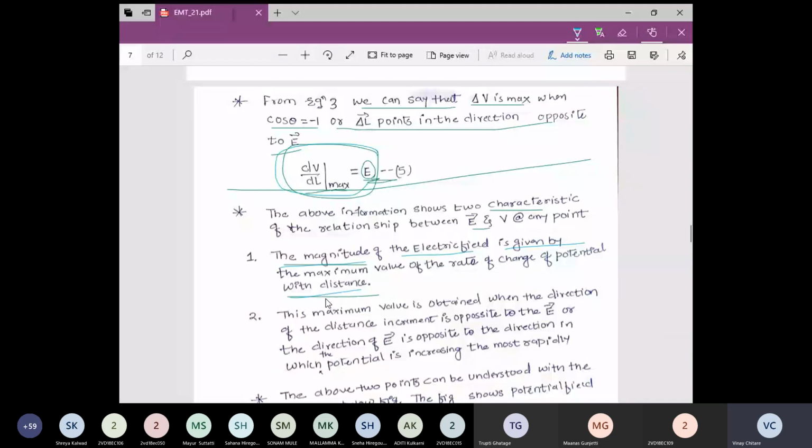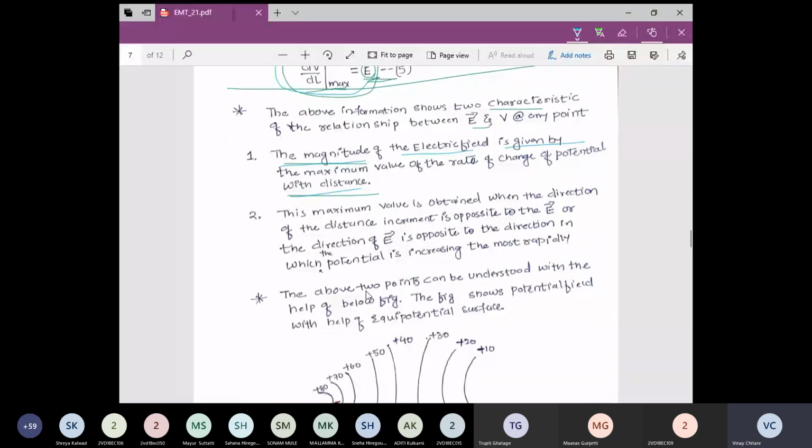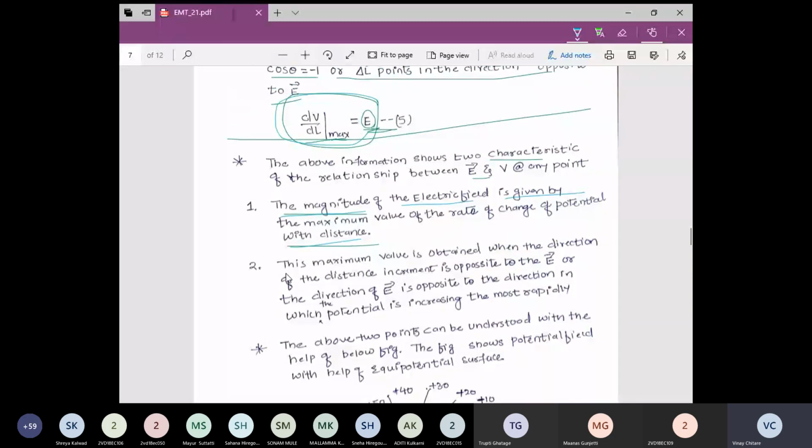Now what should be the direction of the electric field? This maximum value is obtained when the direction of the distance increment is opposite to the electric field, or I could say that the direction of the electric field is opposite to the direction in which the potential is increasing the most rapidly.